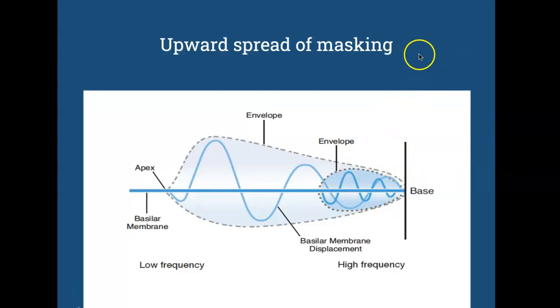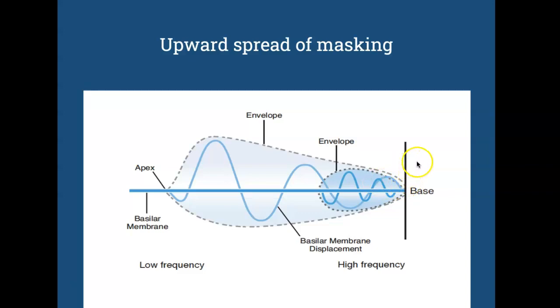The high frequency sound doesn't travel through the low frequency region; it stays pretty tight within the high frequency region. But low frequencies travel all the way up to the apex, and in doing so, depending on the level, they can sometimes mask out a high frequency signal. Again, this occurs because of the physiologic function of the basilar membrane.